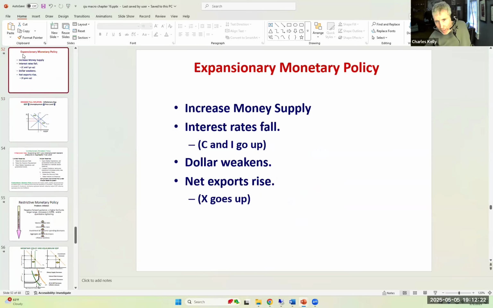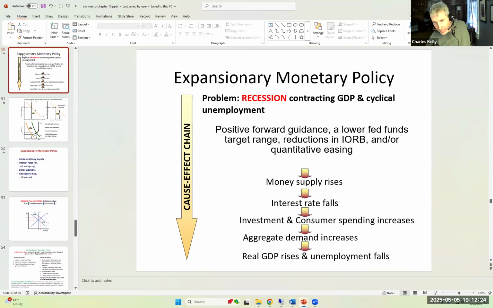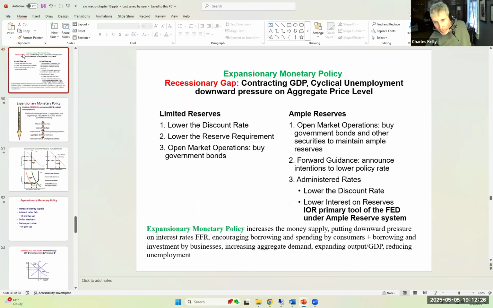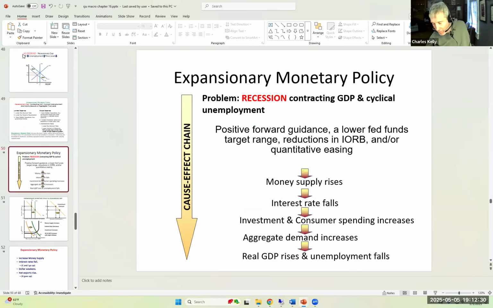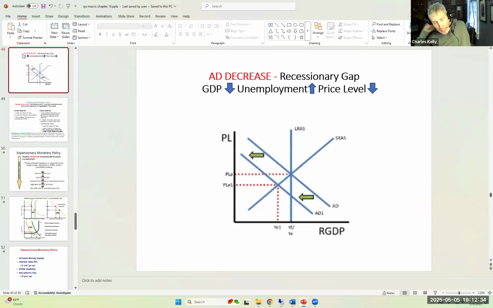And slides 49 and 50 explain proper monetary response and the cause and effect usage of expansionary monetary policy.